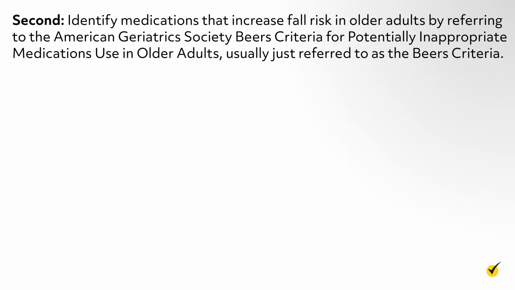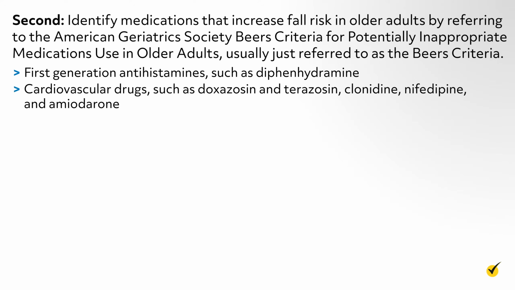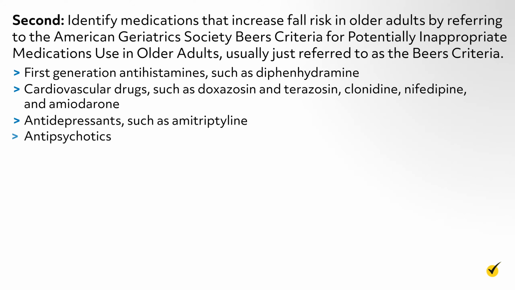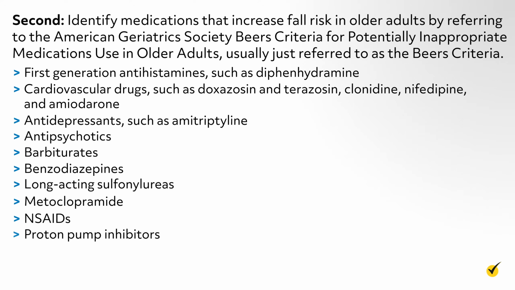Some of the medications that increase risk include first-generation antihistamines such as diphenhydramine, better known as Benadryl, cardiovascular drugs such as doxazosin and terazosin, clonidine, nifedipine, and amiodarone, antidepressants such as amitriptyline, antipsychotics, barbiturates, benzodiazepines, long-acting sulfonylureas, metoclopramide, NSAIDs, secondary to the bleeding risks involved, proton pump inhibitors, and muscle relaxants.